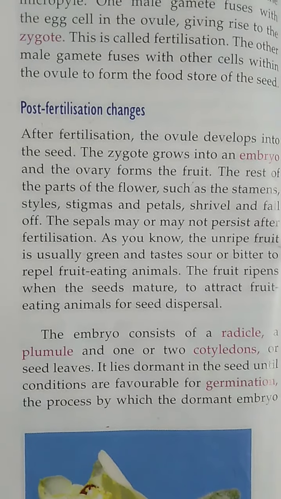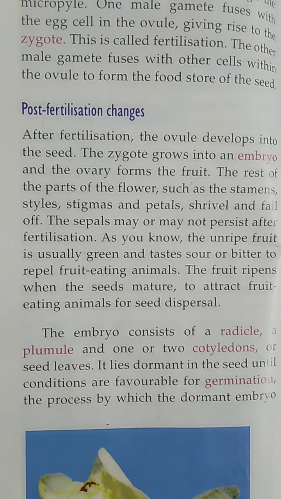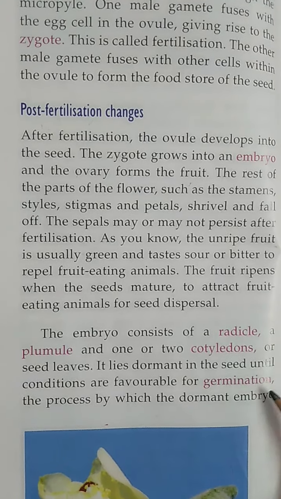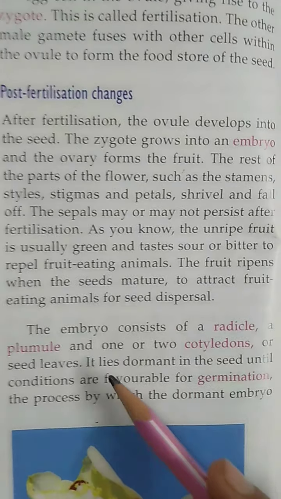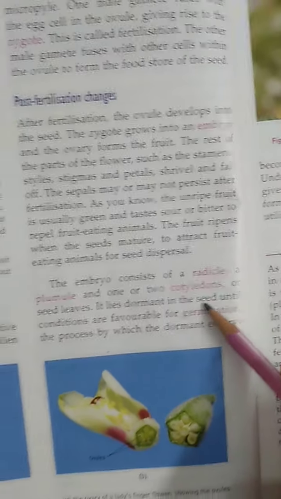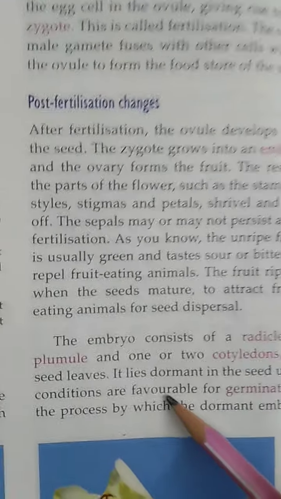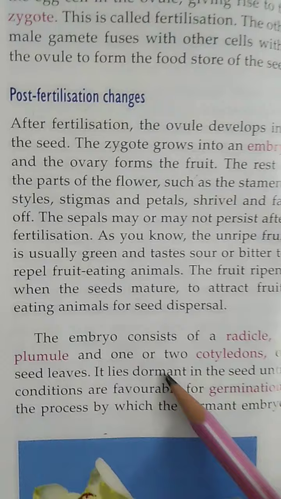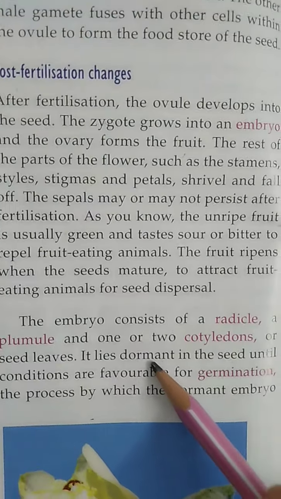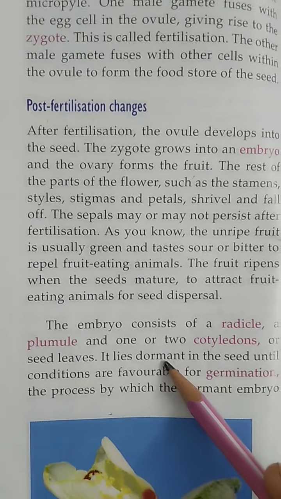Now students, what is meant by the germinating stage? It means that the embryo lies dormant in the seed. When the conditions are not favorable, the embryo is in an inactive form, and that stage is known as the stage of dormancy.